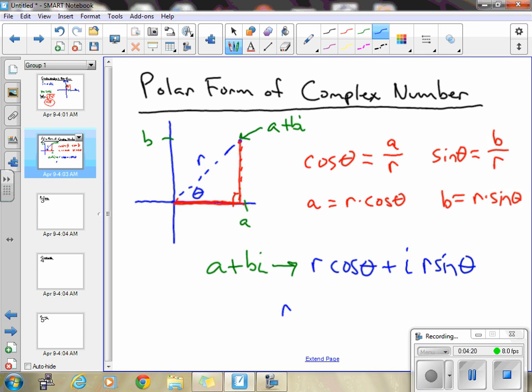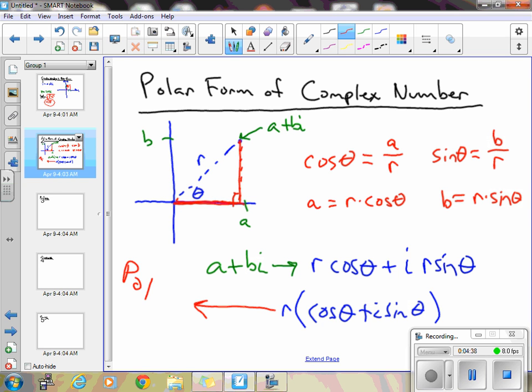And what we can do is factor out that r from both of those terms. And we have r times the cosine theta plus i sine of theta. And that right there is the form that we are going to write complex numbers in when we write them in polar form.